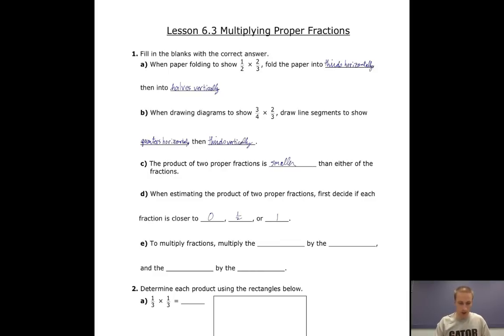But generally speaking, when we're multiplying fractions, what we do is we multiply the numerator by the numerator, and we multiply the denominator by the denominator.